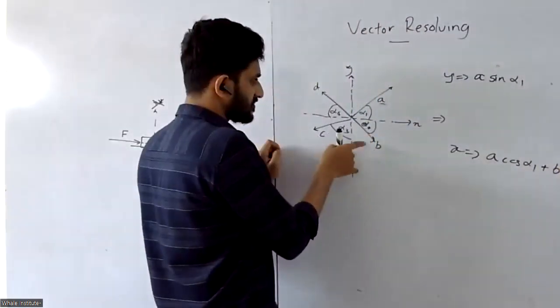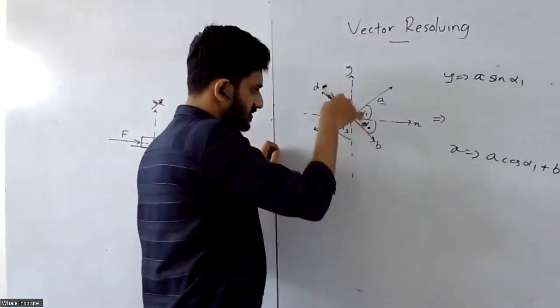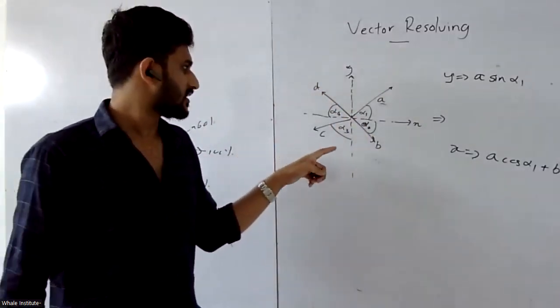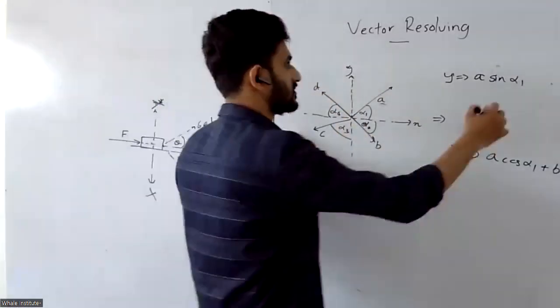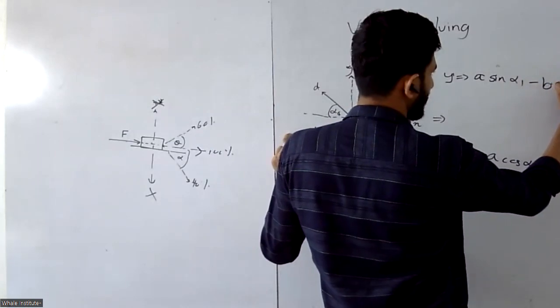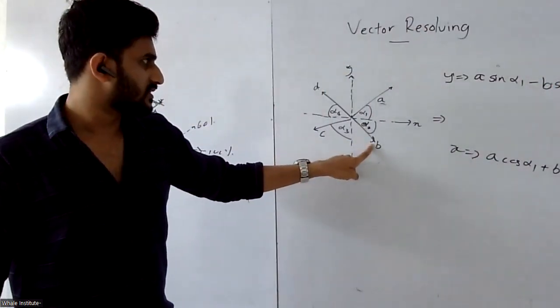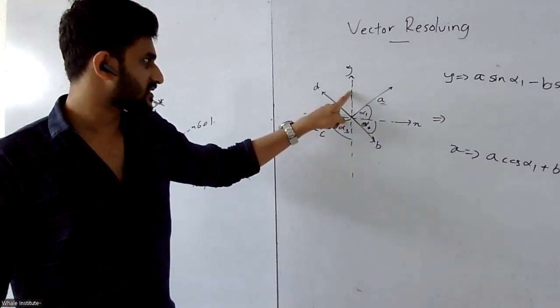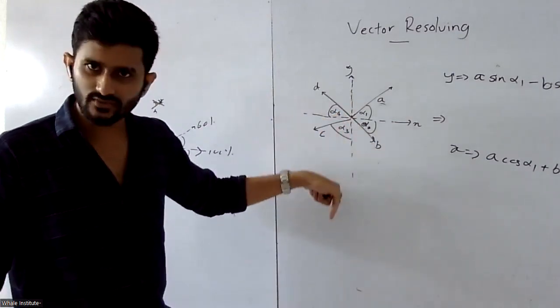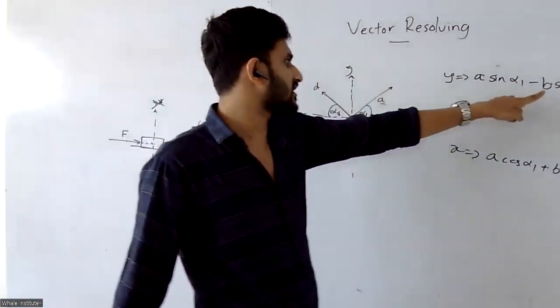Then towards this direction b sine alpha 2, right? But it's towards a negative y direction. Then this vector should be negative. Negative b sine alpha 2, because now the resolving component towards the y direction is acting towards the negative y, right? Then the component is negative.